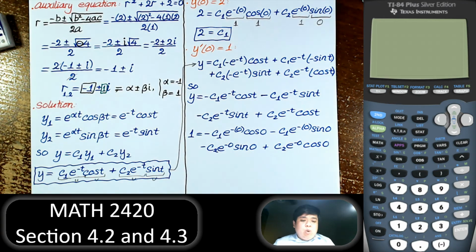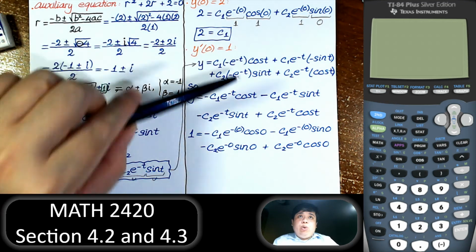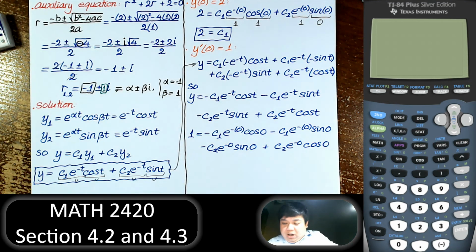So it's not that bad. We already know that c1 is equal to 2.